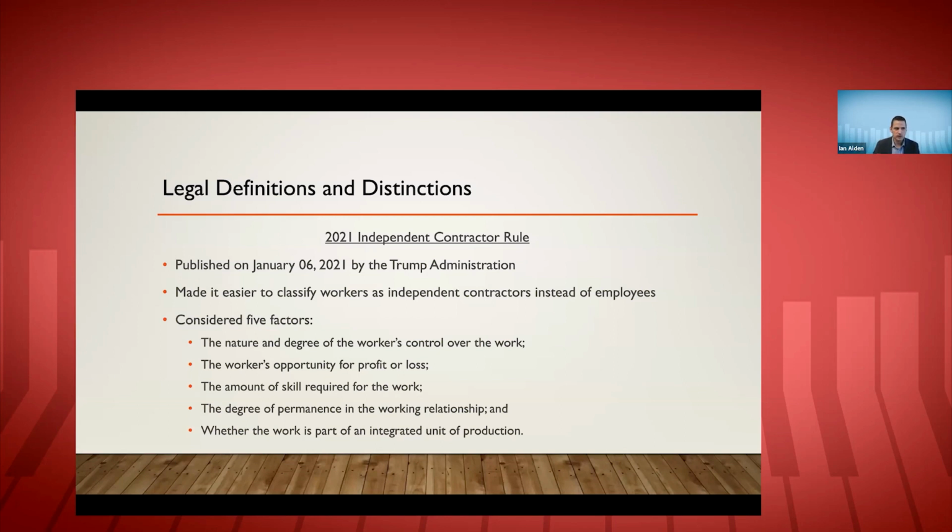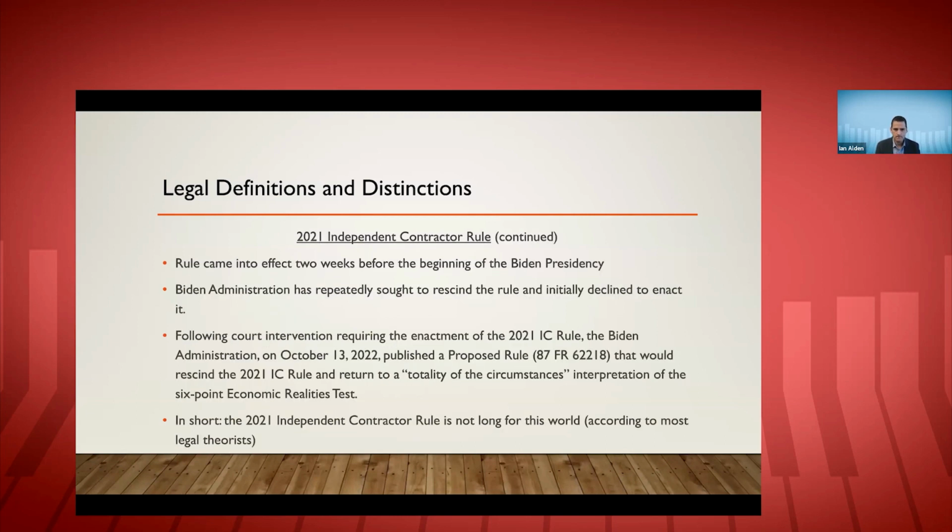So now, just about a week ago, maybe a couple of days ago, they published a new rule out of the Biden administration that would do away with this 2021 independent contractor rule and essentially go back to a totality of the circumstances interpretation of the old 6-point economic realities test we just covered.